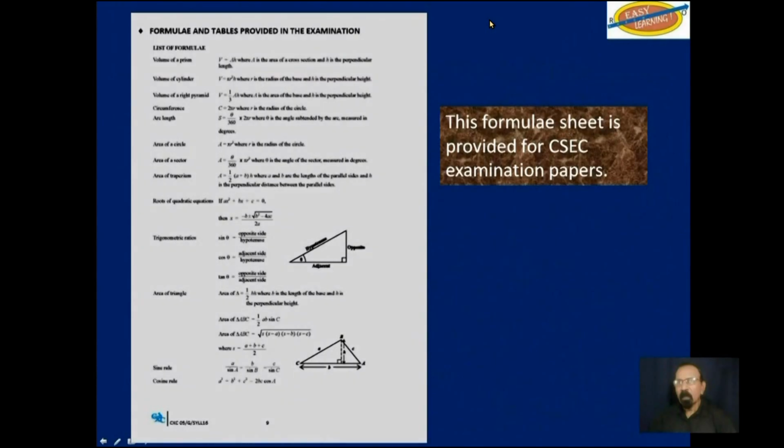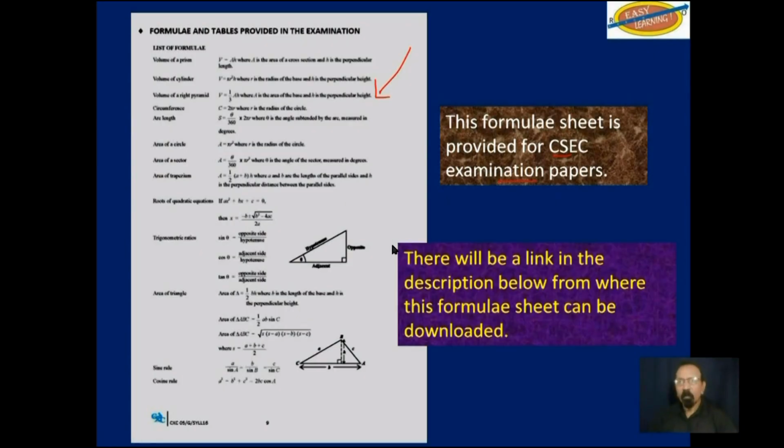One other reminder: what you have here is a formula sheet that CXC provides for its examinations, papers 1 and 2, and paper 3, which is the alternative to practical. There will be a link in the description below from where you can download this formula sheet.